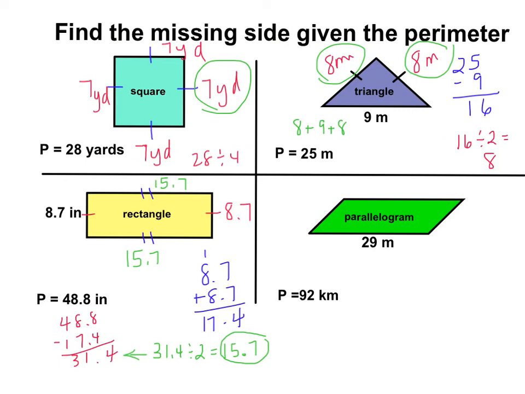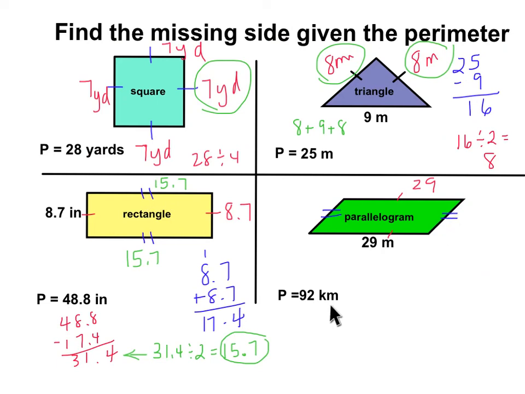Now let's go ahead and finish this last one, the parallelogram. Again, my tick marks, this is congruent to this side, so that's 29, and also these two sides are congruent. So if you notice, I'm looking for one of these missing sides, either this one or this one.